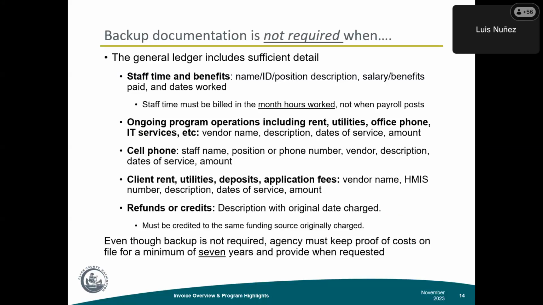For example, for staff time and benefits, if the name, ID, or position, description, salary, benefits paid, and dates worked is provided in the general ledger, you do not need to provide backup. So staff time needs to be billed for the month hours that are worked, not when they are paid out.